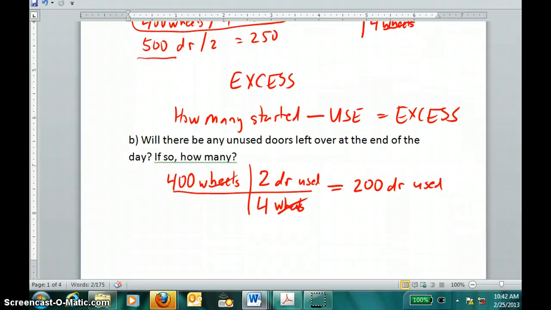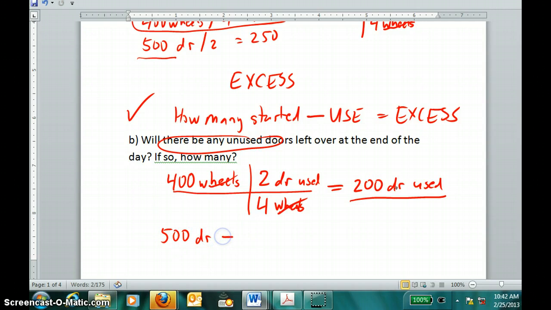Now here's a very common error to look out for. This is a calculation of what we use, but when we're asking what's left over, that's not the answer. Instead, we look this way. How many did we start with? We started with 500 doors. How many did we use?